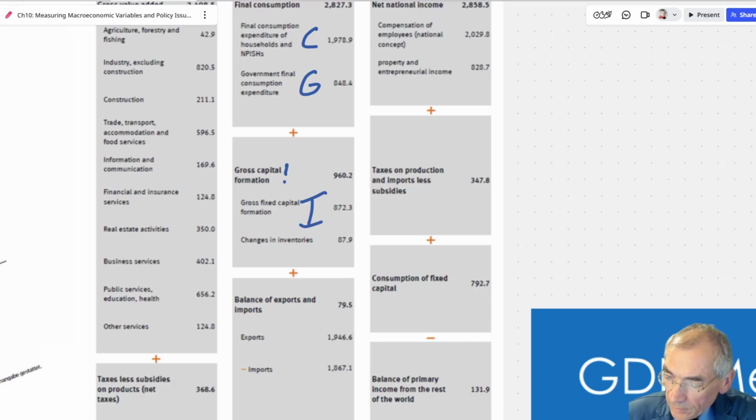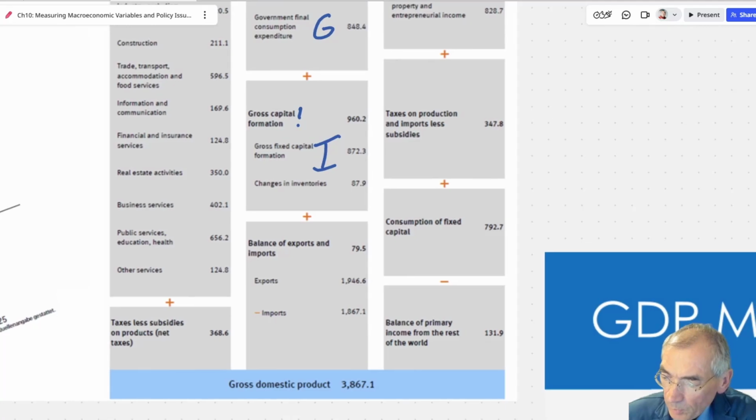And we have the balance of exports and imports. So exports, imports, and here we have the net exports. Also here, think a bit about the numbers. On the one hand, the net exports is not a huge part of GDP if we look percentage-wise. But if you look at the original numbers, the exports themselves and the imports themselves, there is quite a difference.